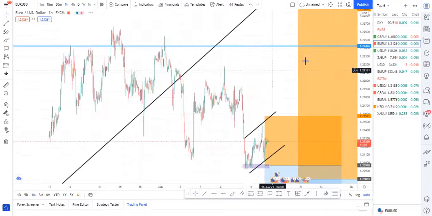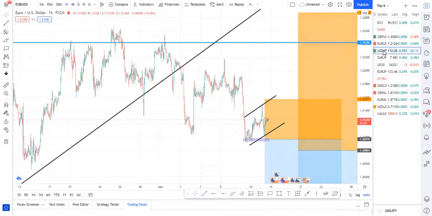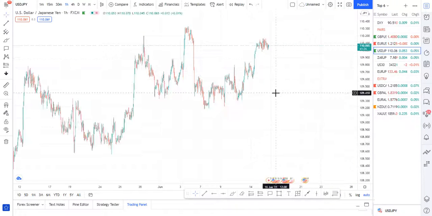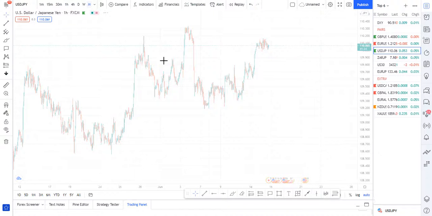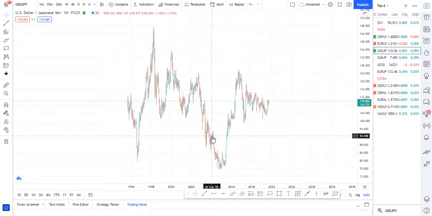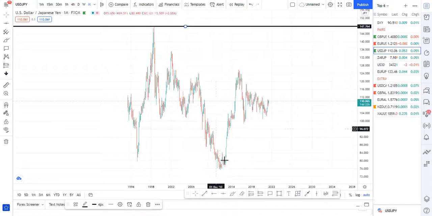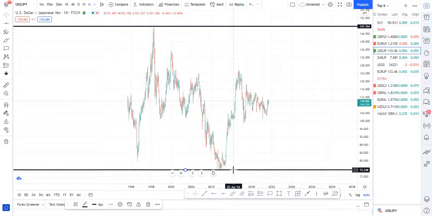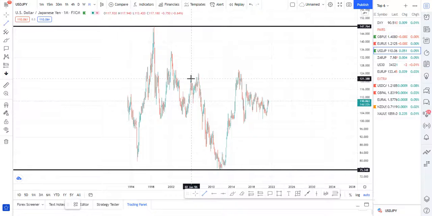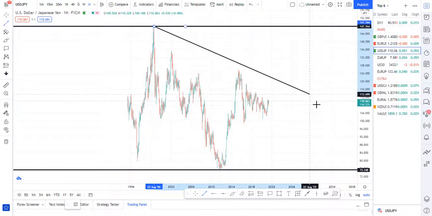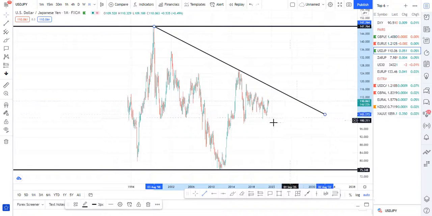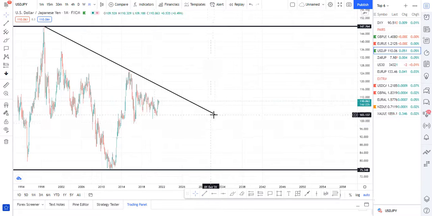So now we're gonna go to USDJPY. And don't forget, GBPUSD, we are what? We are looking for sells. Let me do the same here. Come here. Do that. Take it from the highest to the lowest.